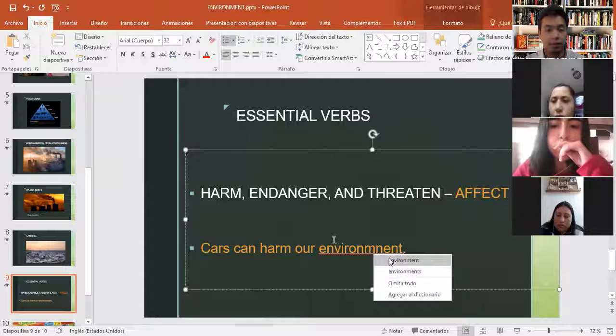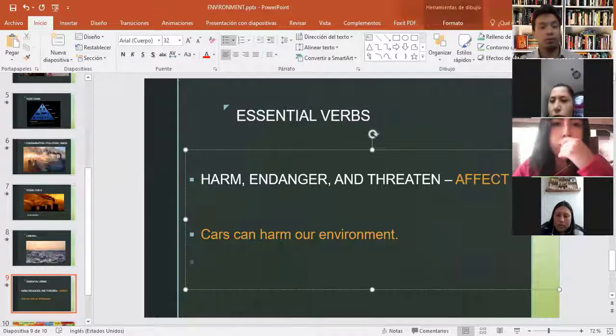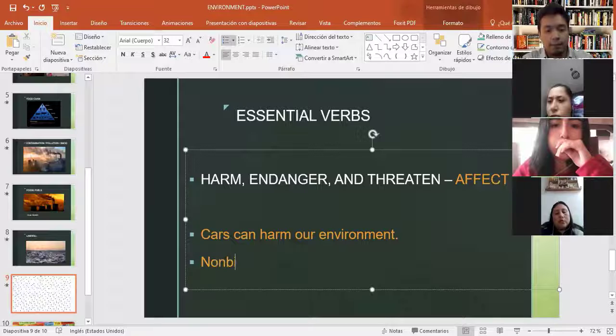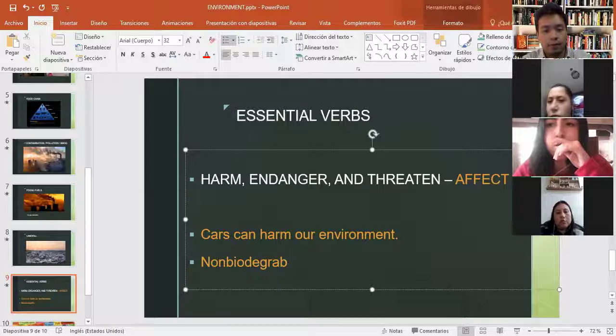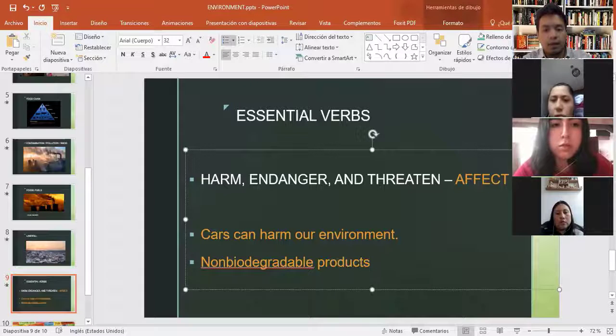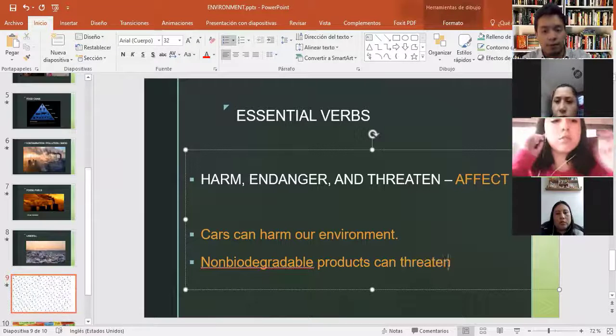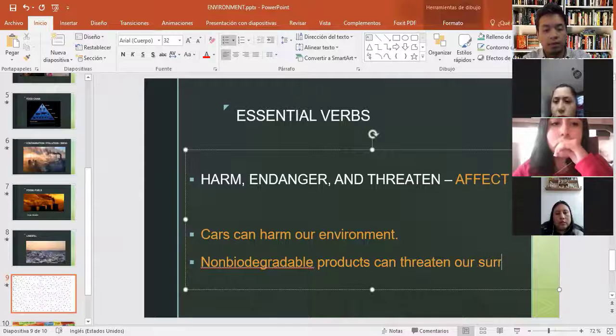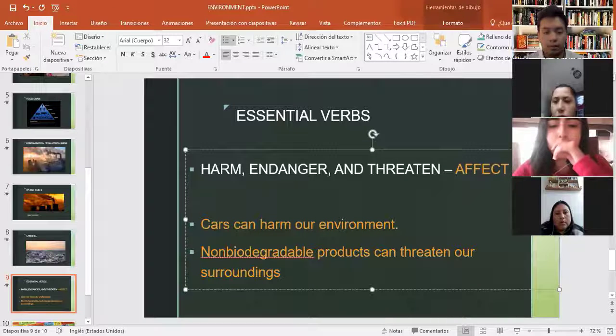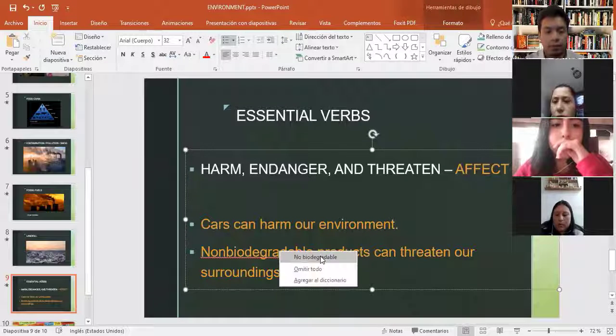Let's just correct this part. Okay, good. Now, endanger. For example, let's see. Non-biodegradable products can threaten our surroundings. All right, let's correct this part.